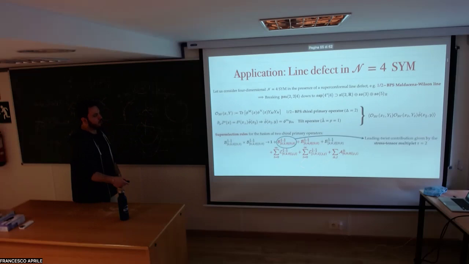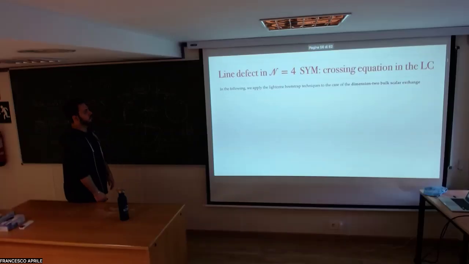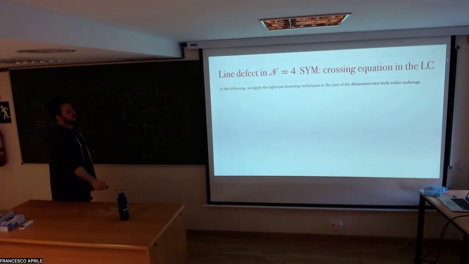And this comes from the lowest twist exchanged operator. So we can just consider the leading contribution coming from the stress tensor multiplet, which has fixed twist equal to 2. So we just need to apply the same lightcone bootstrap techniques to the case of a fixed dimension 2 scalar exchange in the bulk channel.